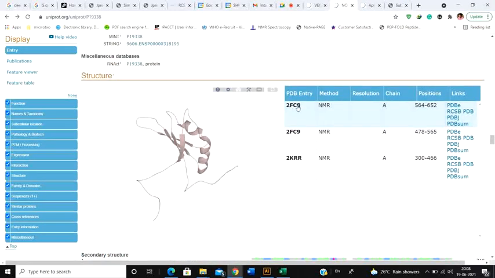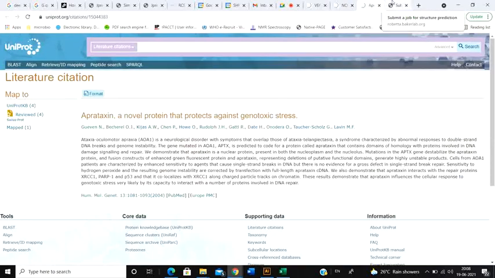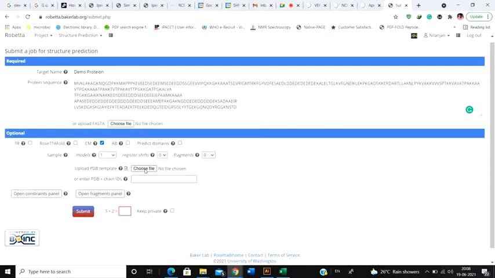These are the PDB IDs, see, 2FCA, 2FCI. And if you know that your molecule doesn't have any similar PDB structure, then you don't need to upload anything. It's going to search the whole database by itself to find the homology.